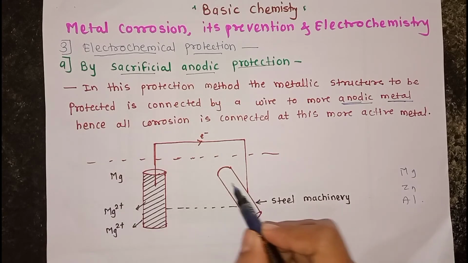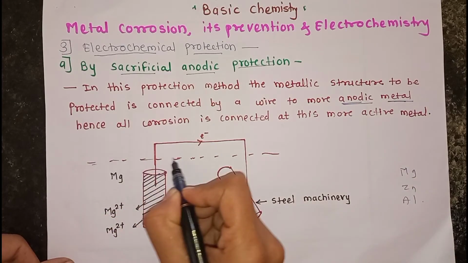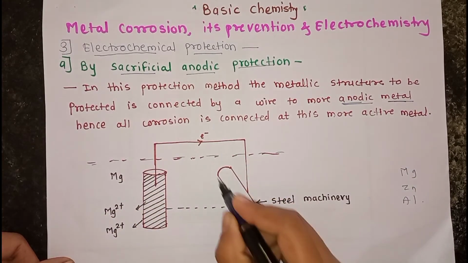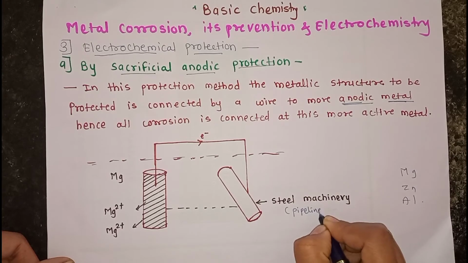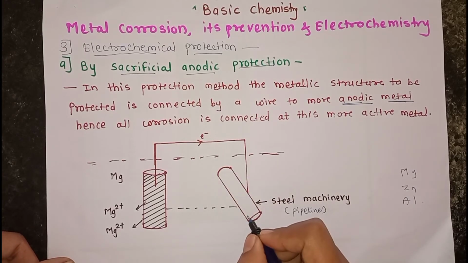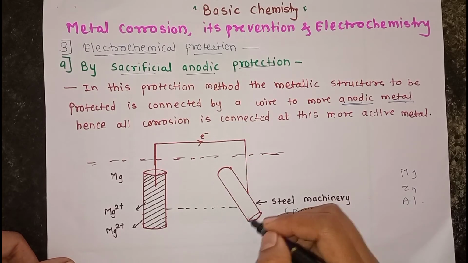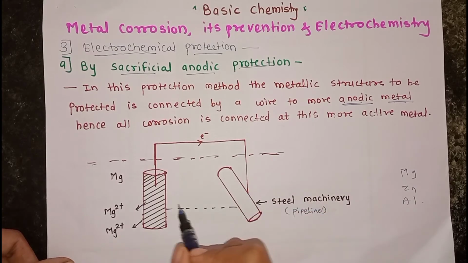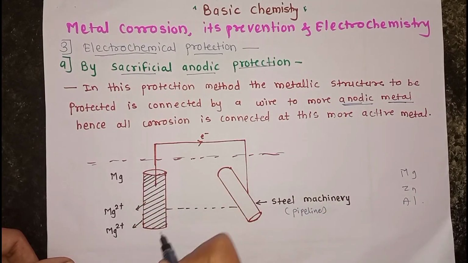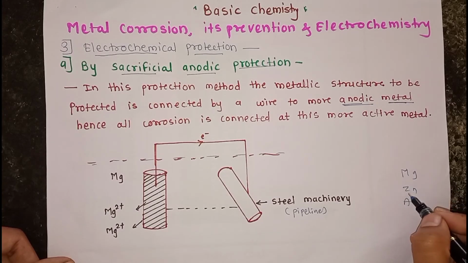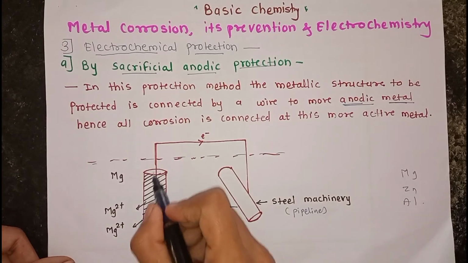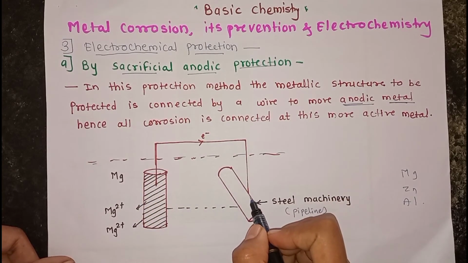For example, in underground areas there is a pipeline, or steel machinery, and we have to protect this underground pipeline. So we use one of these metals as an anode. That's why we use the more active metal, magnesium, zinc or aluminium, and it is connected to this pipeline.